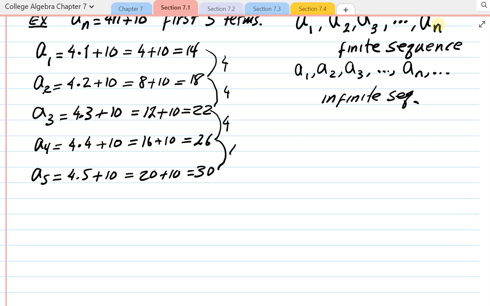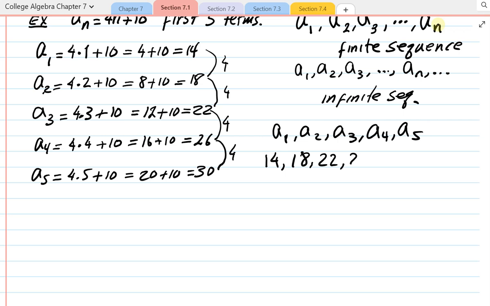Again, each term is separated by 4. So writing it in the form a1, a2, a3, a4, and a5, the numbers are 14, 18, 22, 26, and 30. Okay, so that's what that example is for.